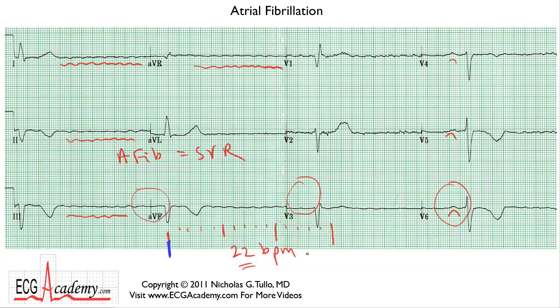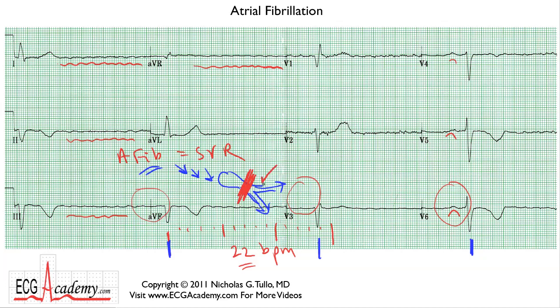Well, this has to be some kind of escape rhythm. In other words, during atrial fibrillation, the AV node determines how fast the ventricular rate goes. But because you've got these very rapid signals hitting the AV node, it's going to let sort of a random signal get down to the ventricles, and that gives rise to this irregular ventricular response. But if you have complete AV block, then none of the atrial fibrillation signals gets through.